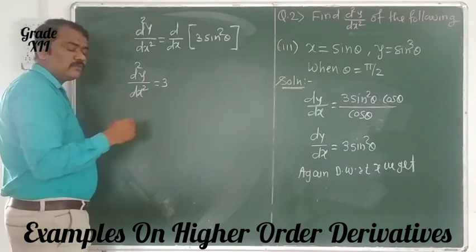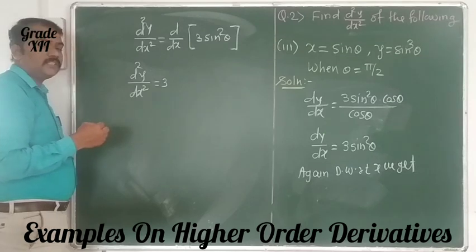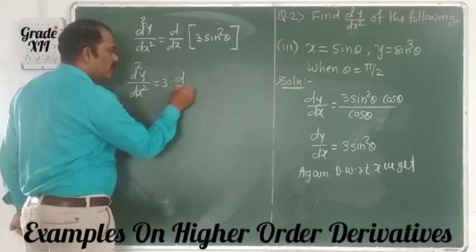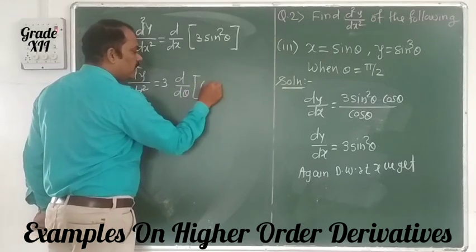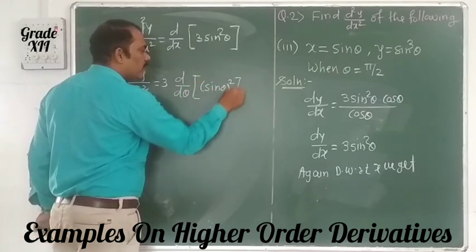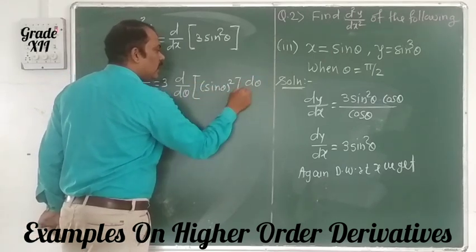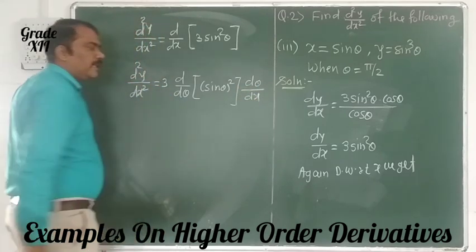First we differentiate with respect to theta, so d by d theta of sin square theta can be written as d by d theta of sin theta bracket square into d theta by dx.